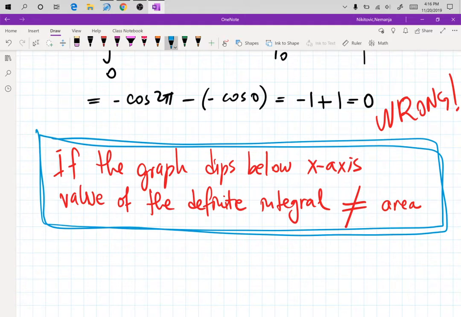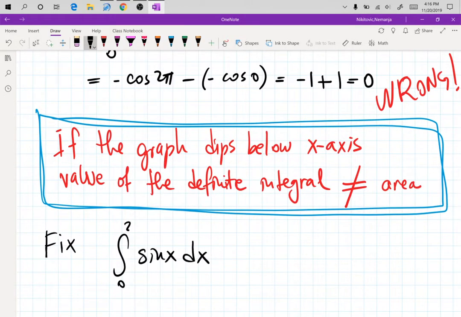Yes? How come you can't just take the absolute value of it? That's the way to fix it. Very good. So the next thing is, how do we fix the issue of integral of sine x dx from 0 to 2 pi?